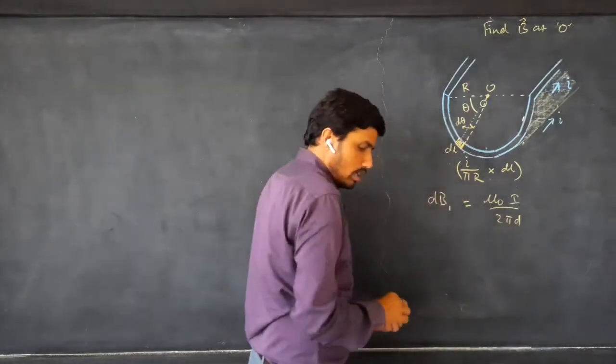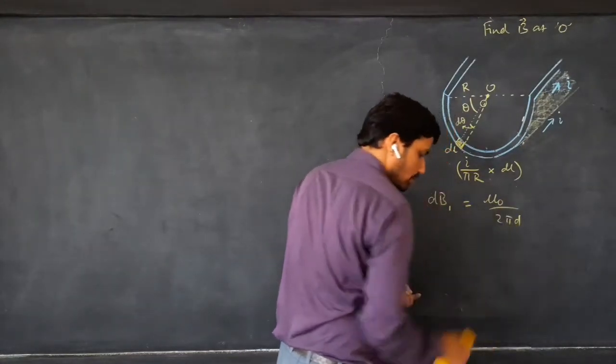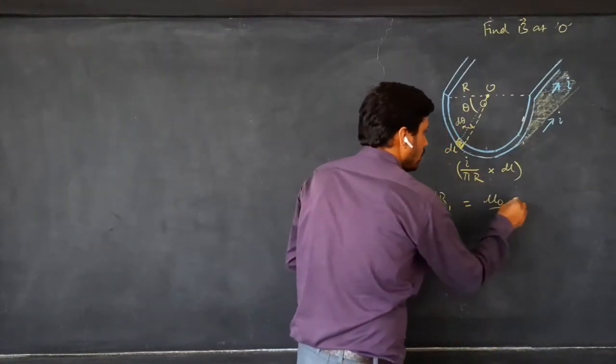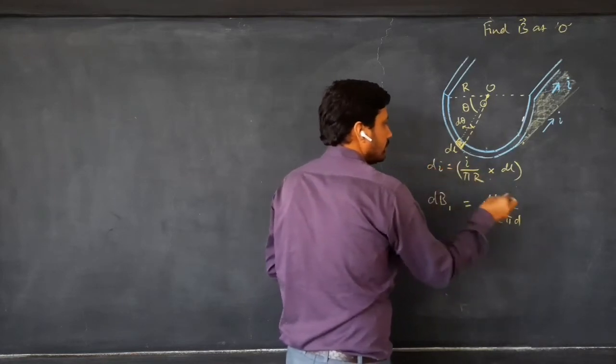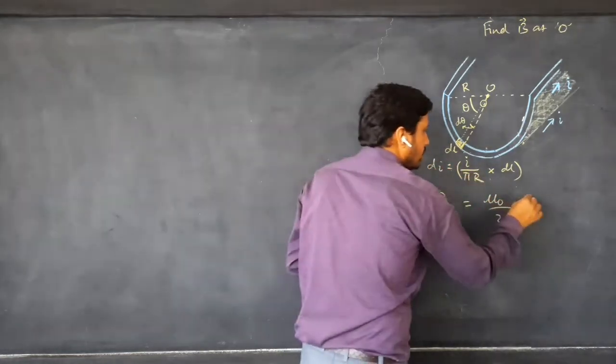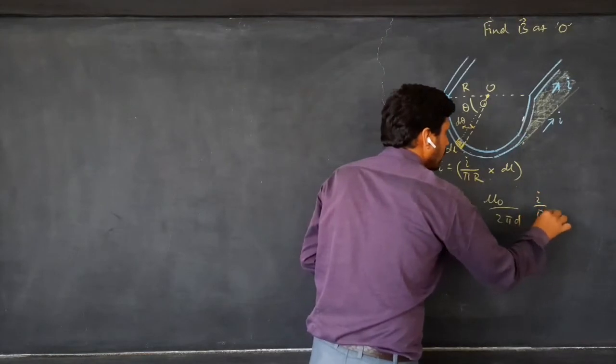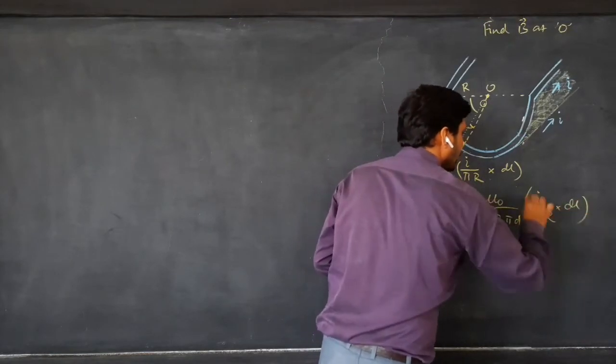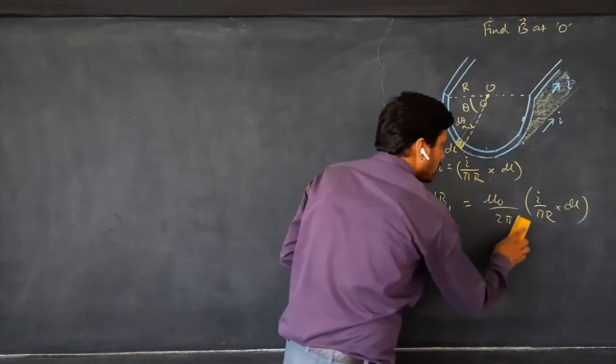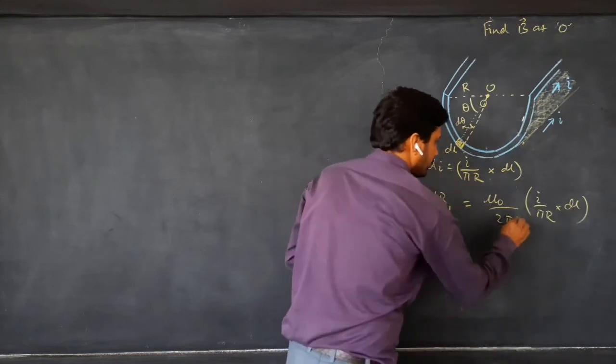This is the formula. But instead of I, we should write this dI. Now how much is dI? dI is I by pi r into dl, and instead of d I should write radius.